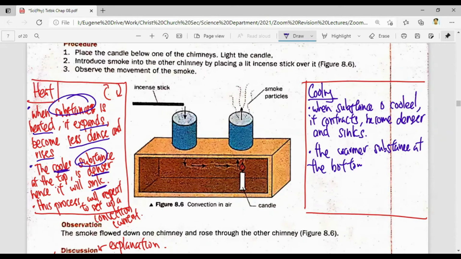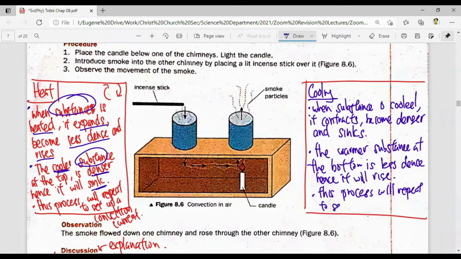The warmer, hotter substance at the bottom is less dense, hence it will rise. The third part is to set up a convection current.